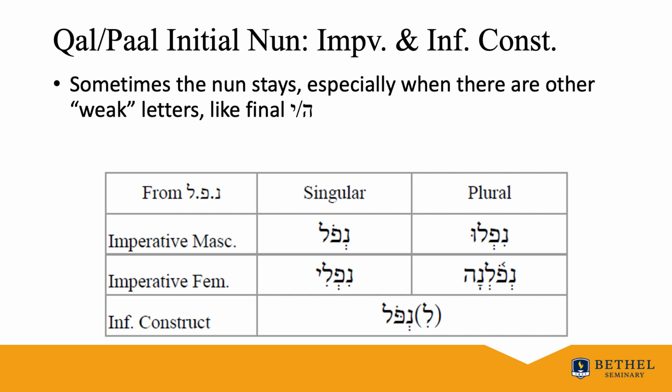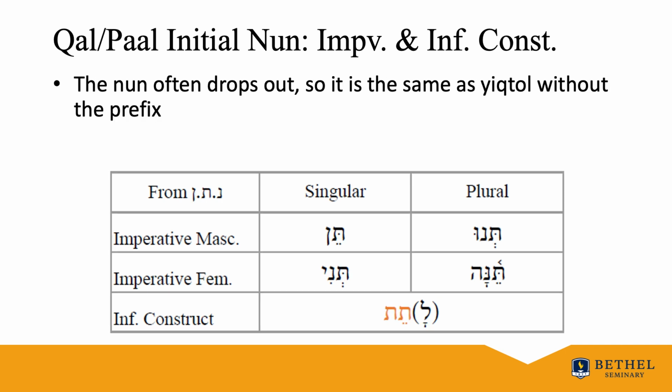The example that you see in your table is the verb nafal, which means to fall. However, the nun often drops off when it's in the imperatival form. Remember, imperatival forms, even with the vowel point, indicate that it is a rushed or shortened form. So let's take the verb natan, to give, as an example, because it is the most commonly occurring first nun verb in all of the Old Testament.